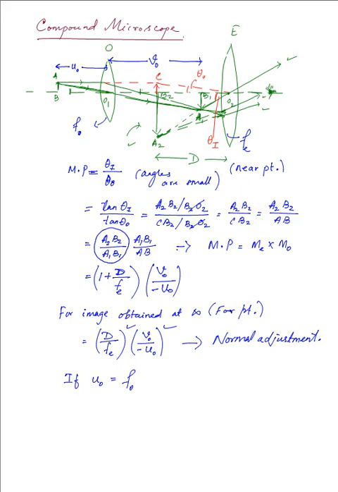As you know very well, when an object is placed at the focus of a convex lens, the image is obtained at infinity. In this case, infinity means the parallel rays moving along the collimated compound microscope, and the rays travel through the full length of the microscope.